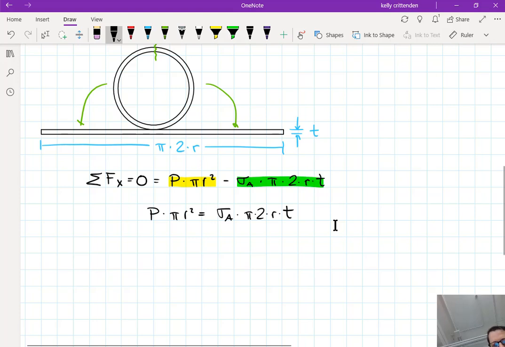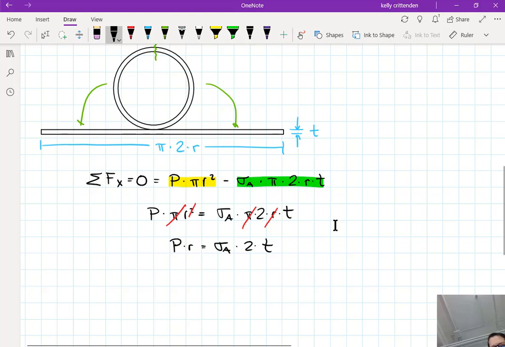There's a pi on both sides, so I can divide through by pi. There's an r and an r squared, so I can get rid of that. And now I've got an equation that says P times r equals sigma A times 2 times t.